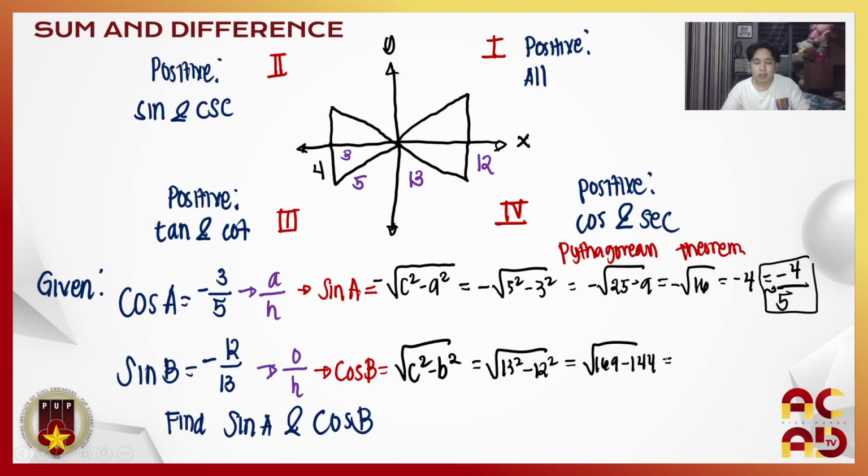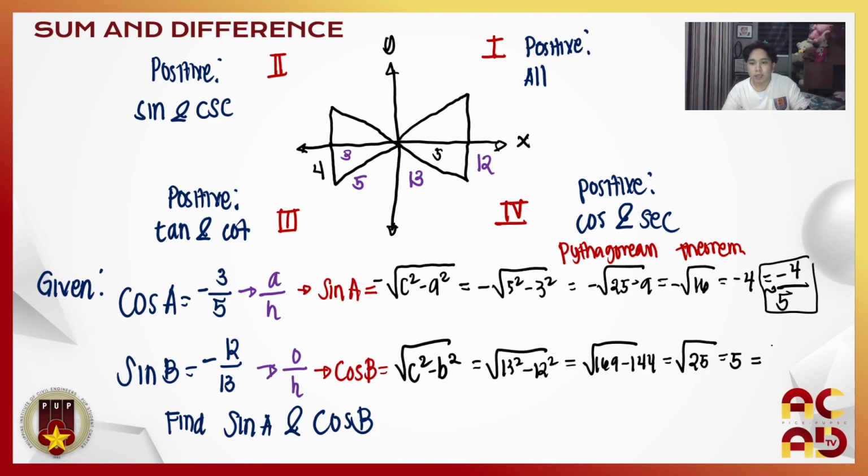Ayan. And then square root of 169 minus 144 is 25, and then square root of 25 is 5. And then di ba sa cosine, adjacent over hypotenuse, and then hanap na natin yung adjacent na 5 dito.